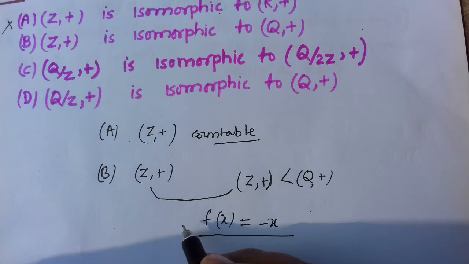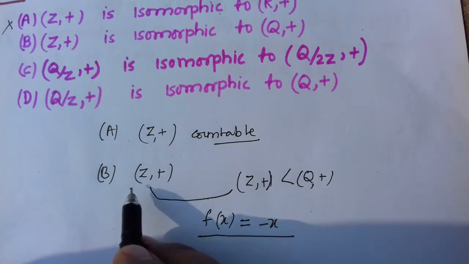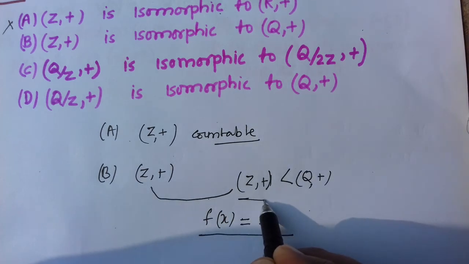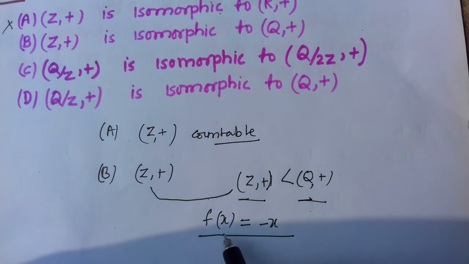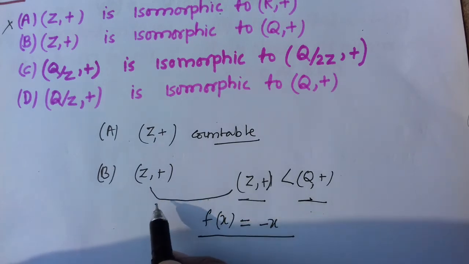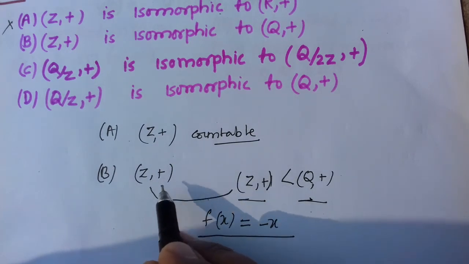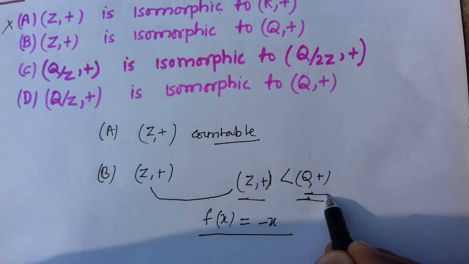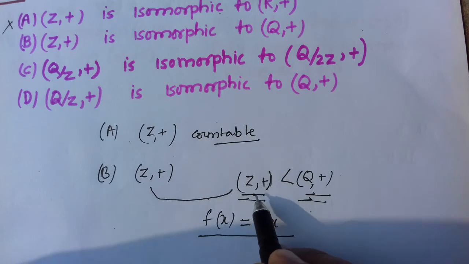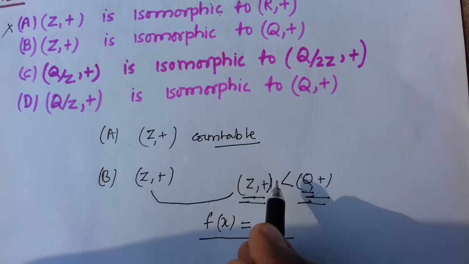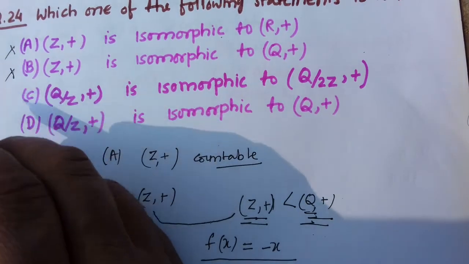Automorphism is a type of isomorphism. So this group is isomorphic to this group, that is a subgroup of this Q plus. So at the same time, the same group cannot be isomorphic to this group because it is isomorphic to a subgroup of this group. So B is wrong.